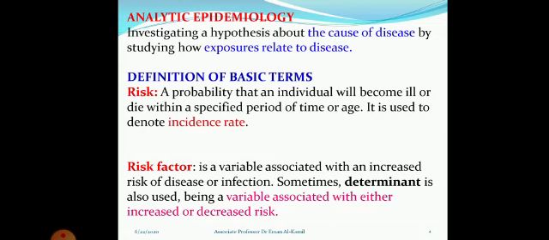The term risk factor is a variable or factor associated with an increased risk or increased probability of the occurrence of the disease or infection. Sometimes they call it determinant of the disease also. So it is a variable associated with either increase or decrease of the risk.